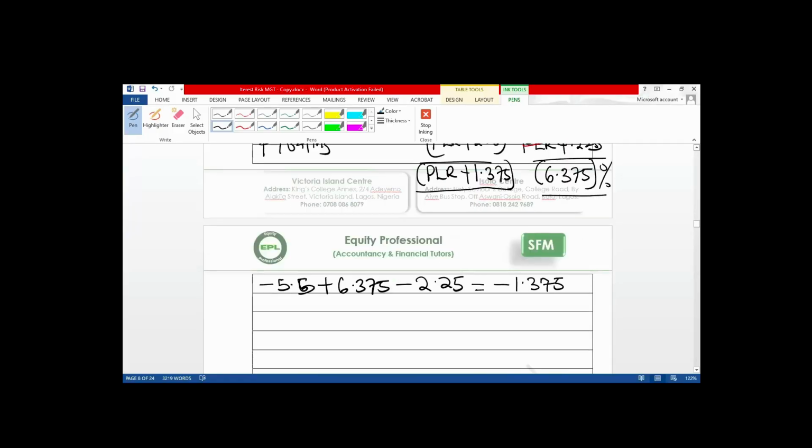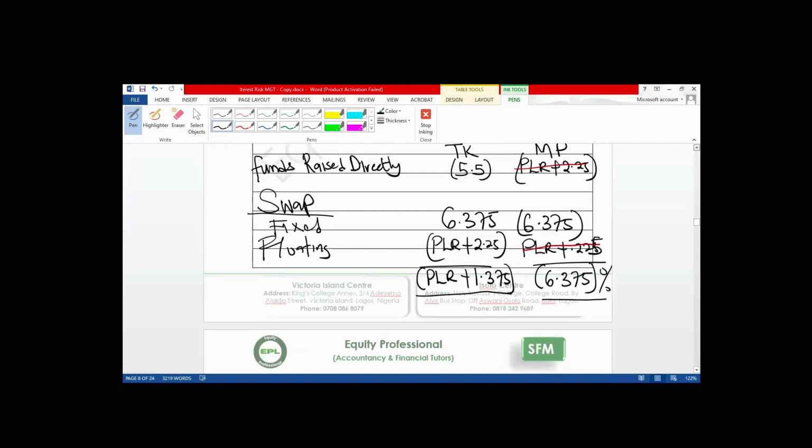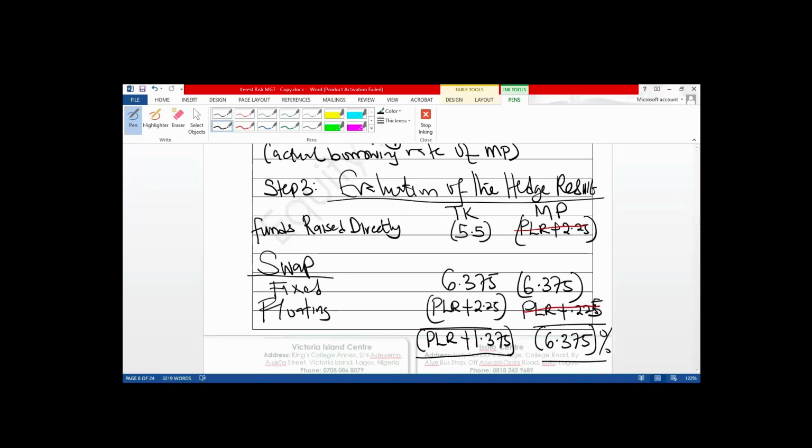Look at what we have designed. TK will pay prime lending rate plus 1.375. MP will pay a fixed rate of 6.375%. Now, assuming the prime lending rate falls consistently, which of these parties will be disadvantaged?